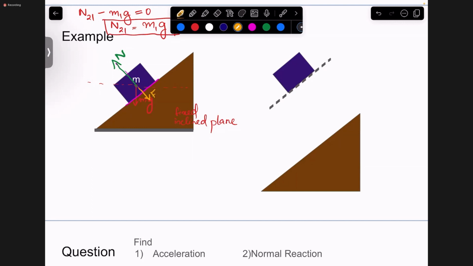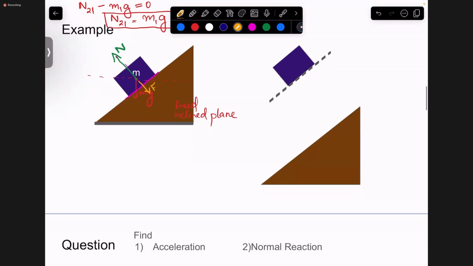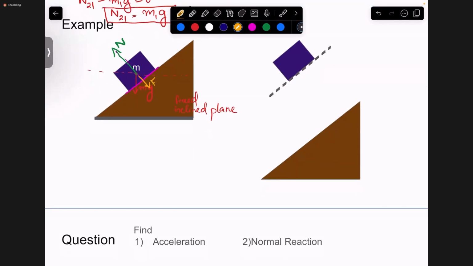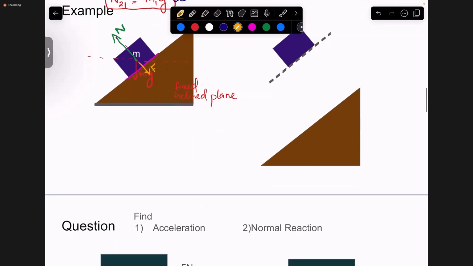Now, if you want to know the magnitude of the force, you should recall vector resolution. How do you resolve a vector into its components? You can see that if this is theta, then okay, I'll draw the vectors here.